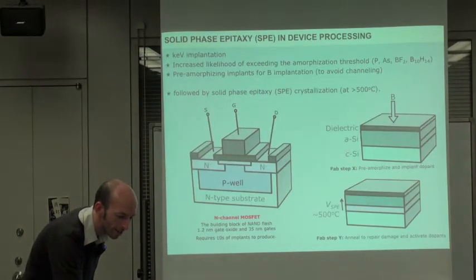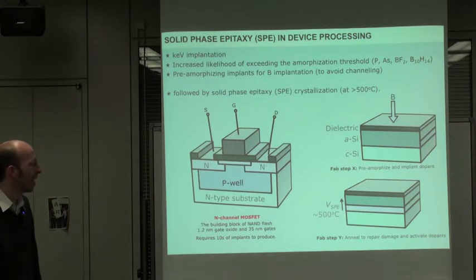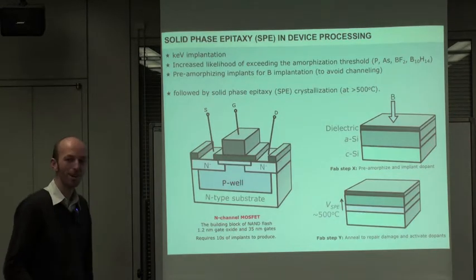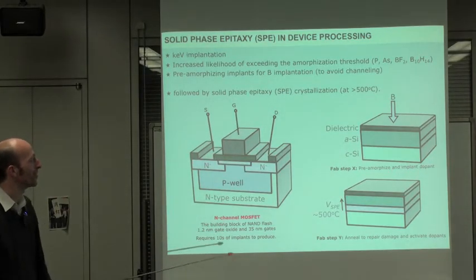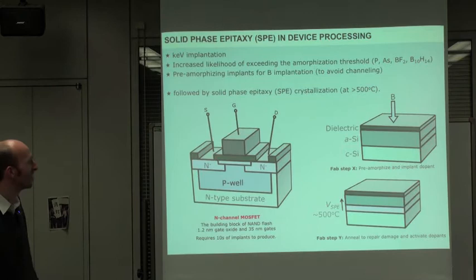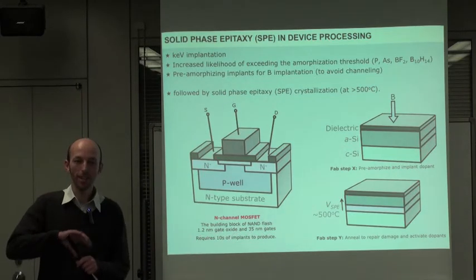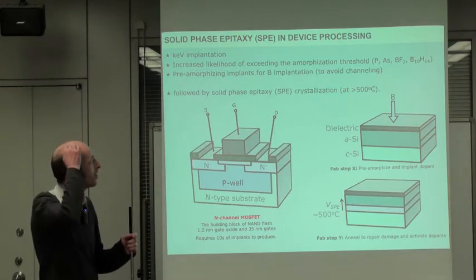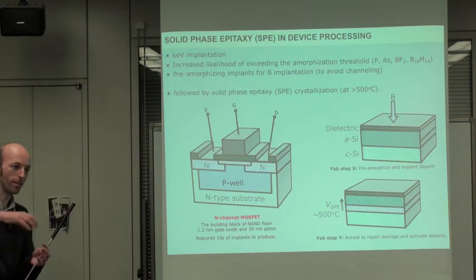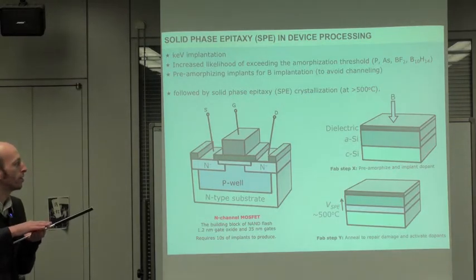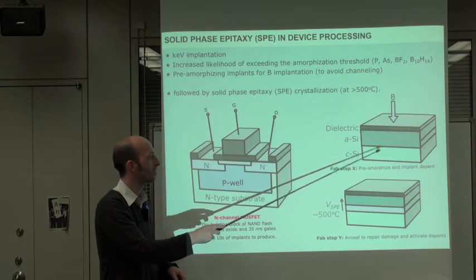So first of all, solid phase epitaxy. I actually spoke about this at the EMRS conference, so it's okay if you fall asleep or something since you've seen this before. If you're making a shallow junction, you have to use keV implantation, so the dopant is very shallow, so it's likely that you form amorphous silicon in the near surface.